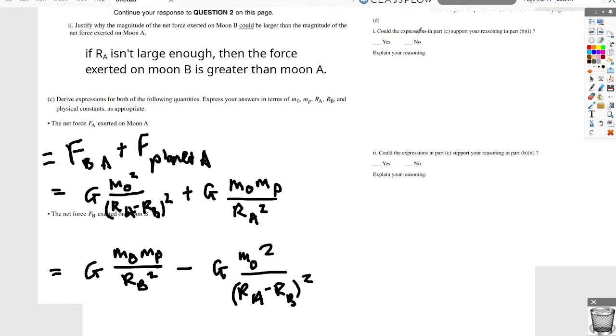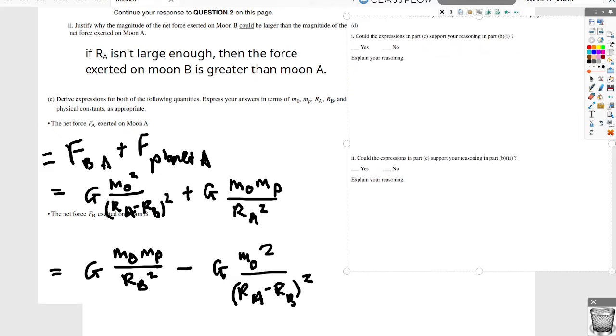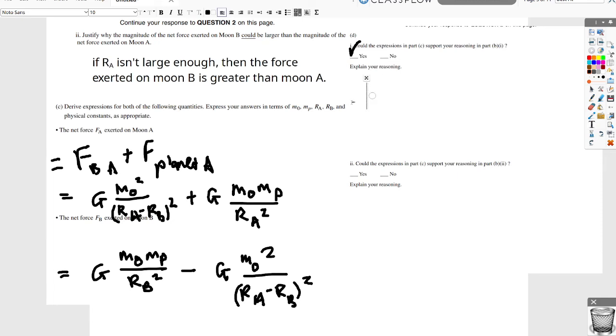Could the expressions in part C support your reasoning in part B1? Yes. Part B1 is to justify why the magnitude of the net force on moon A could be larger than on moon B, meaning this could be larger than this. I'm basically going to repeat what I said.